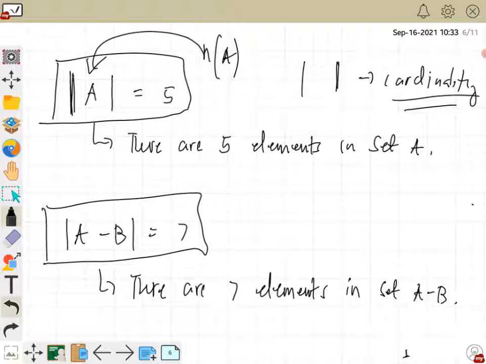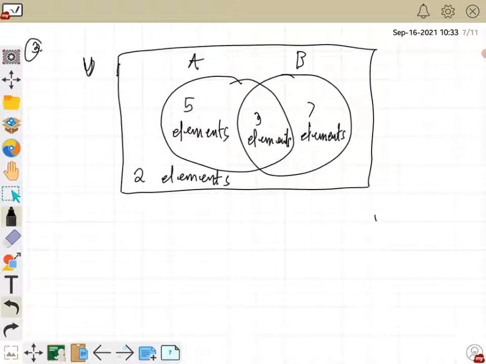So let's go on. Here we have 5 elements in set A only, then 3 elements for both, then 7 elements for B only, then 2 elements for neither A nor B. Let's list how many elements for A. Remember, A is the whole circle, so that's 5 plus 3, there are 8 elements.